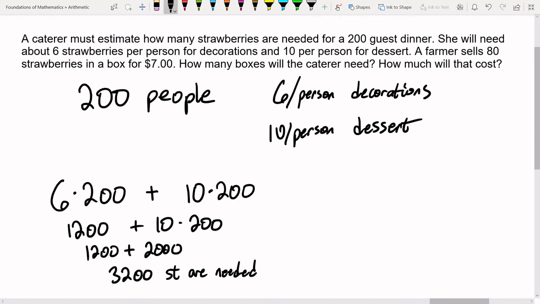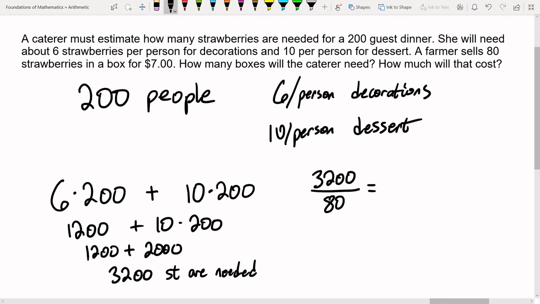Okay, now to figure out how many boxes are needed, if each box that the farmer sells holds 80, then how many 80 strawberry boxes are needed for 3,200 strawberries? Well, one way we can do this is take 3,200 and divide it by 80, and that'll give us how many boxes we need.